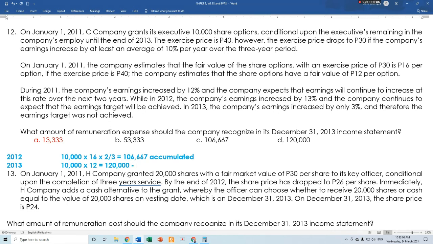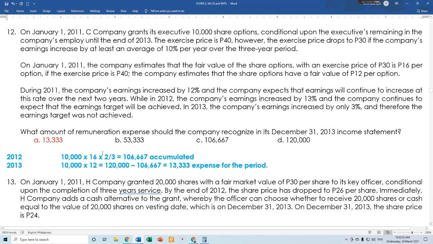Ibawas natin yung na-recognize na nung last year na 106,667. So, yung maiiwan na lang is 13,333, which is the expense for the period. Yan. Kaya ang sagot natin ay letter A. Okay, so yan yung sagot natin sa number 12.